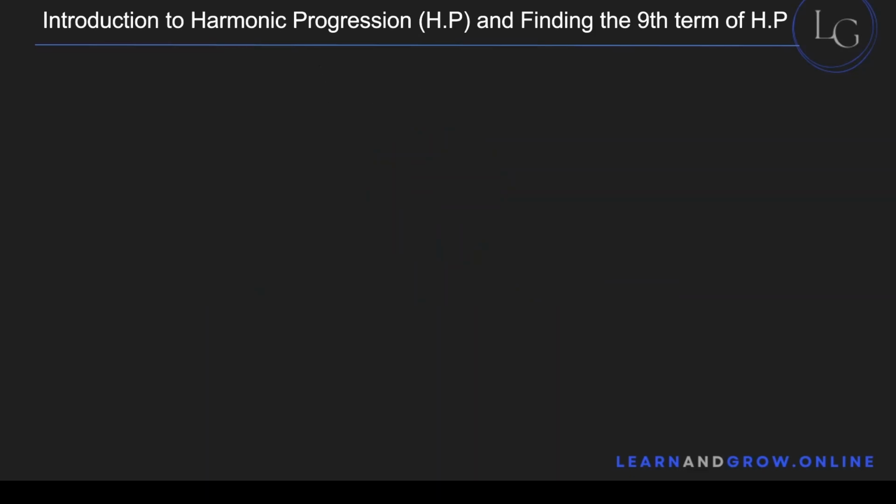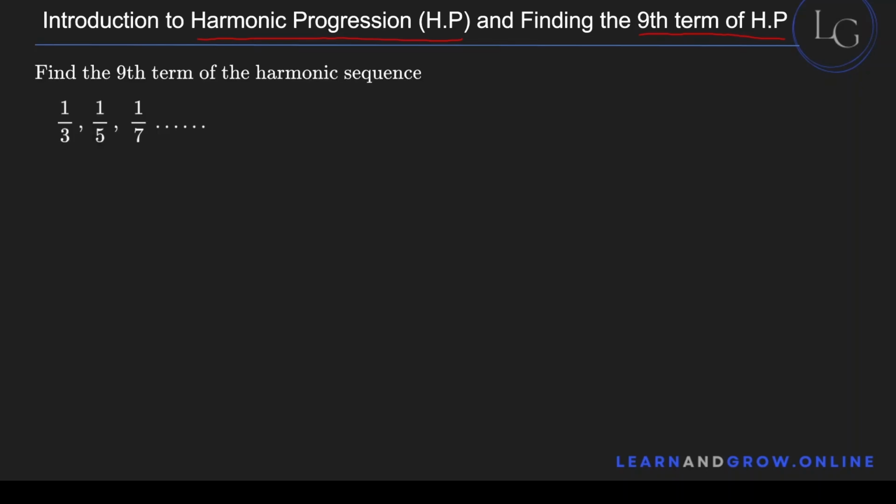Now let's discuss harmonic progressions or harmonic sequences, and let's do an example where we find the ninth term of a harmonic progression. Just for simplification, a harmonic progression is just the reciprocal of an arithmetic progression. That's it. And things become very easy once you know this, because we have to find the ninth term of this harmonic sequence.